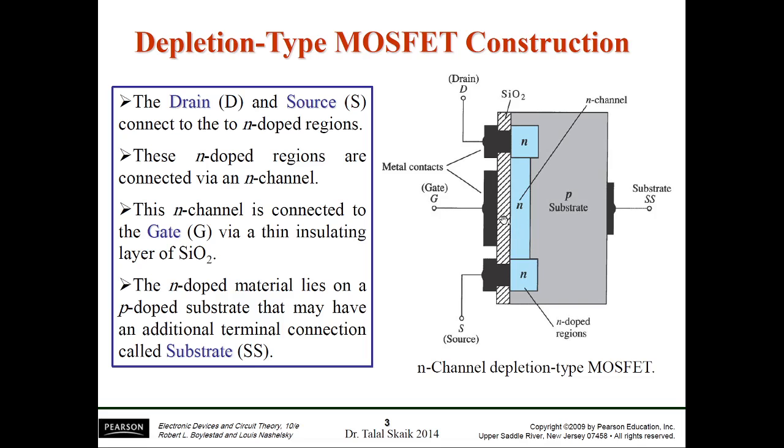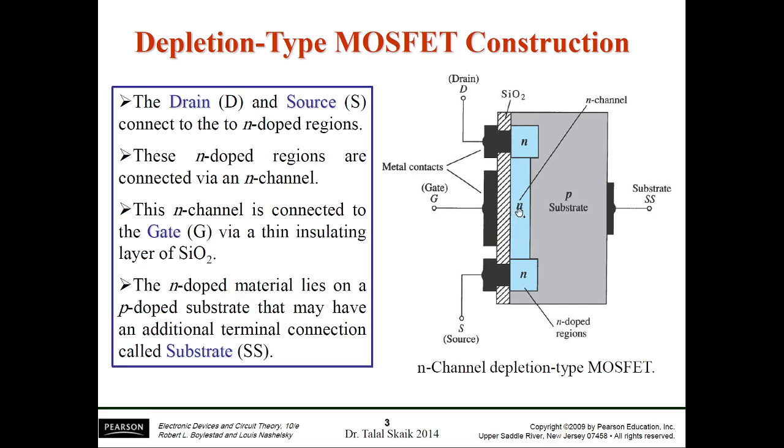Over that you will find a line, and this is the SiO2, which is my oxide layer. It is a highly insulating material, so there is no direct contact between the gate terminal and the channel. There is an insulation in between.